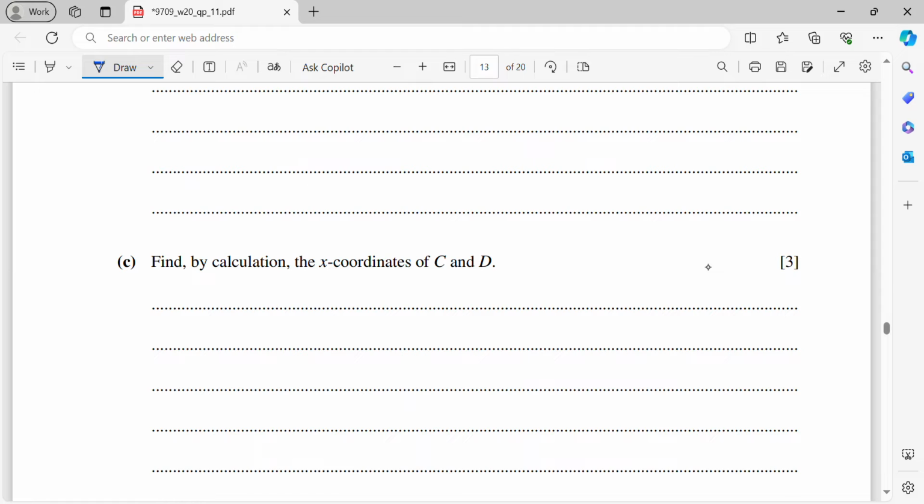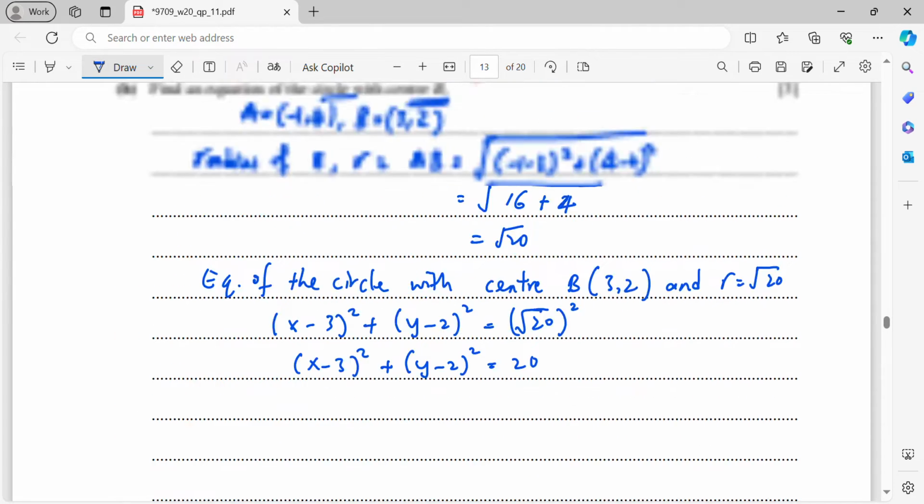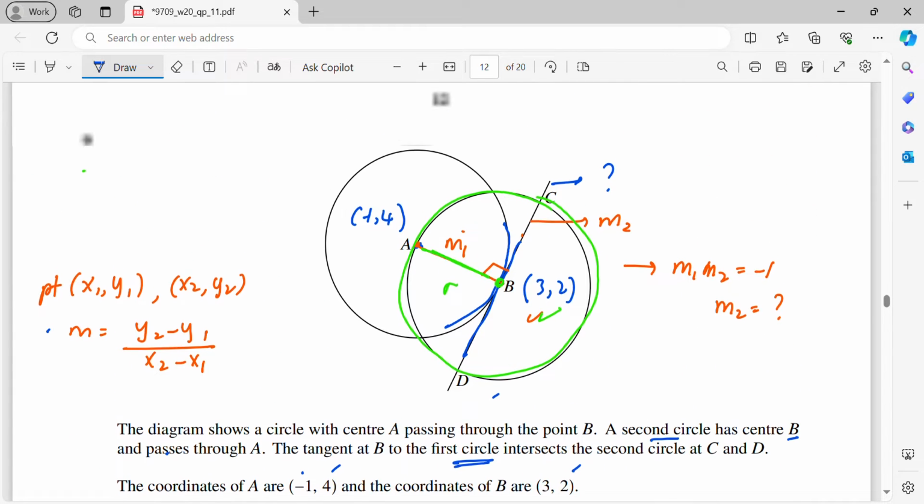Okay, find by calculation the coordinates of C and D. So now let's look at the diagram. Basically, we have found the equation of the circle, and we have found the line. So C and D are the intersection between the circle with center B and the straight line DBC.